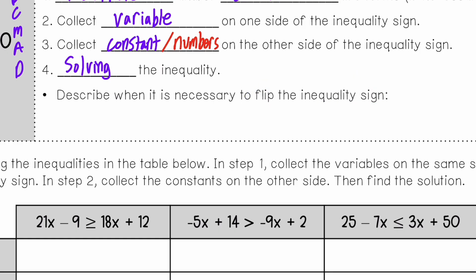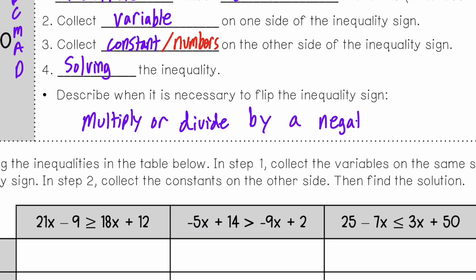We flip the sign when we multiply or divide by a negative. You guys will see that here in a little bit. What we mean by flip is that my greater than sign will turn into a less than sign, and vice versa, it can go either way. So that's what we mean by flip, when the sign changes.